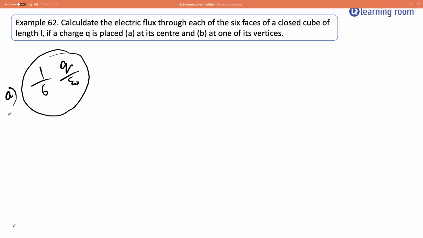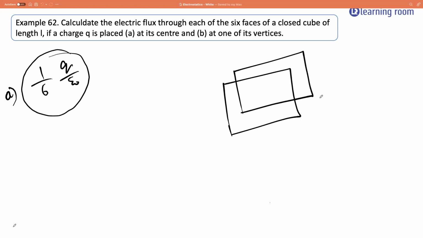If the charge is placed at one of the vertices, then what would have happened? There will be 2 cases.